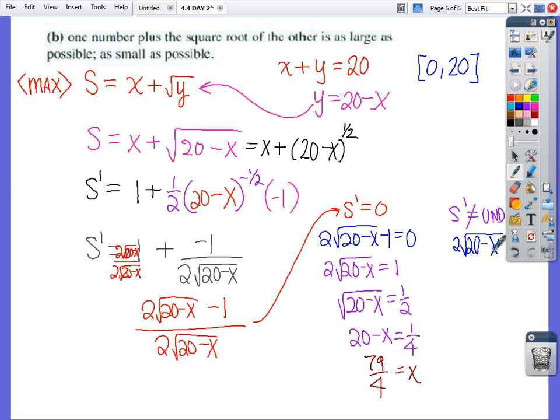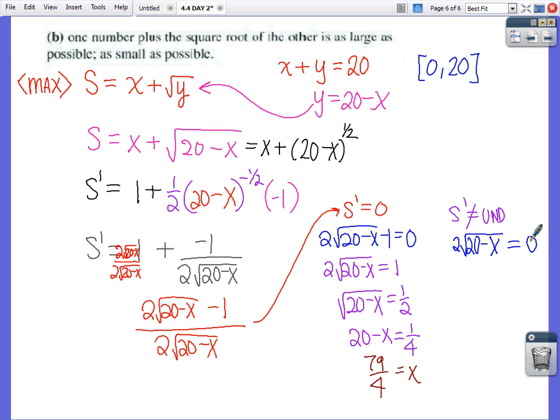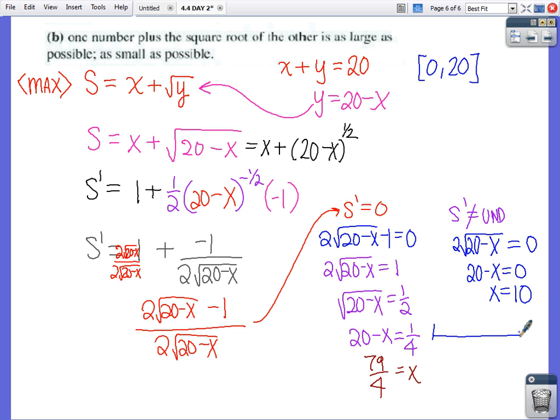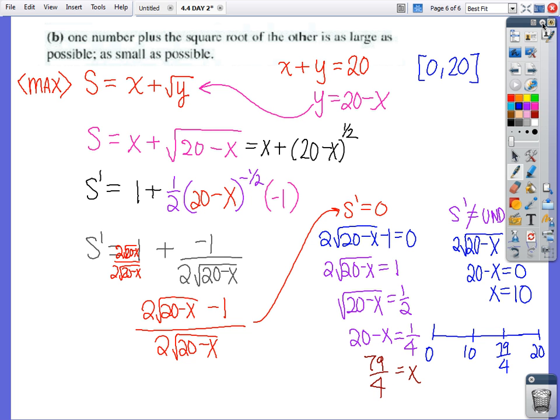And so we end up with 20 minus x is equal to 0, so x is equal to 10. 20, 0, 10, 79/4. All right.